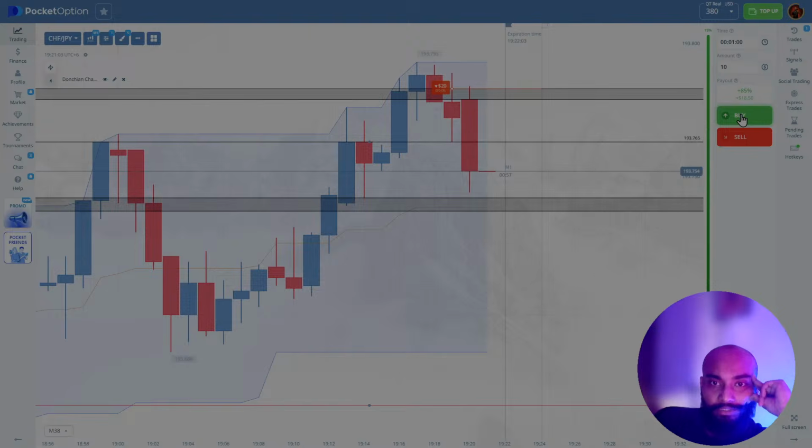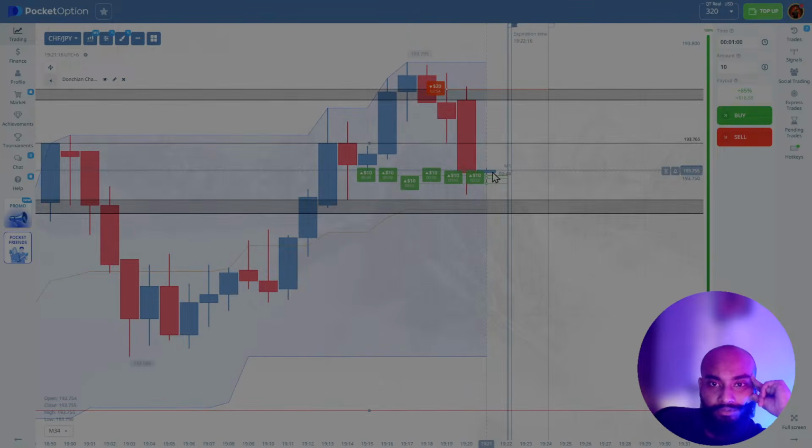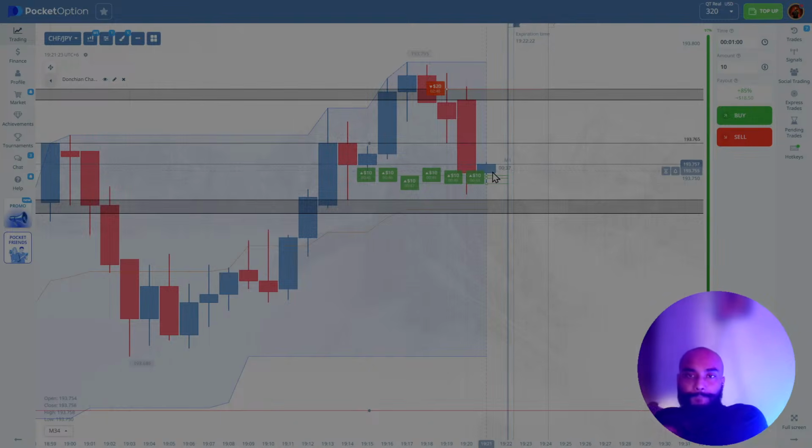So it is going to exhaust. Yeah, this is very good. Exactly what I wanted. This should make a bullish candle here.